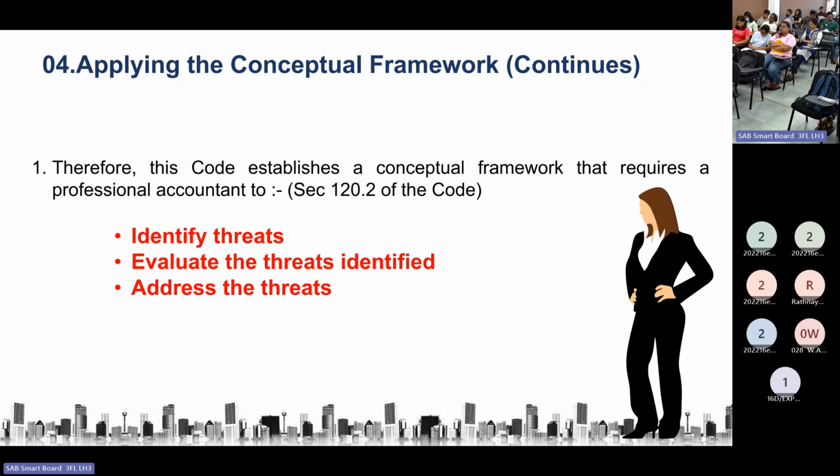Ethical threat. Now I know the issue. Now I know the threat I'm having. If the management is asking me to increase the profit, what is the threat I'm reaching?